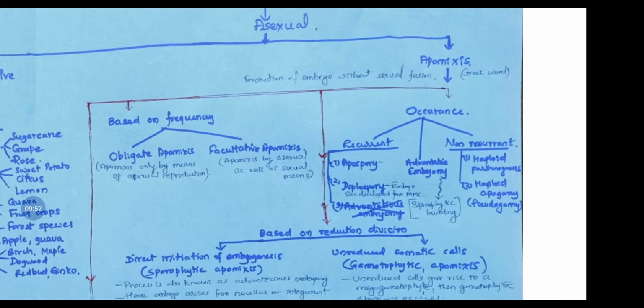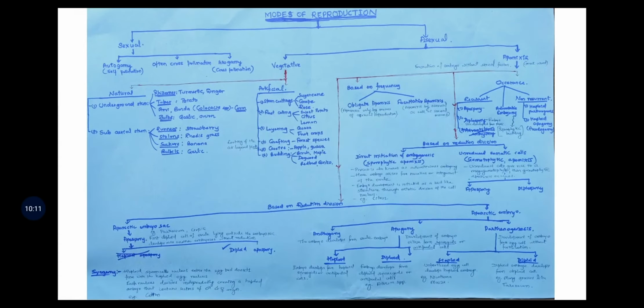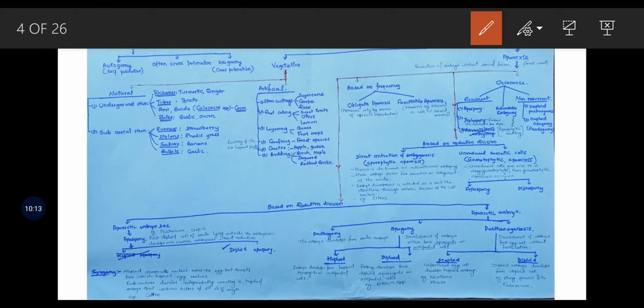When we talk about apomixis, there are two other relevant terms. One is parthenogenesis and another is parthenocarpy. Parthenogenesis is a condition where the embryo is formed from the egg cell. I have already labeled the egg cell when we talked about the 8 nuclei condition inside the ovule. Here, nearby the synergids, one egg cell is found.